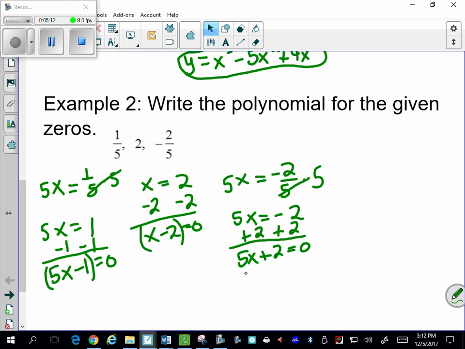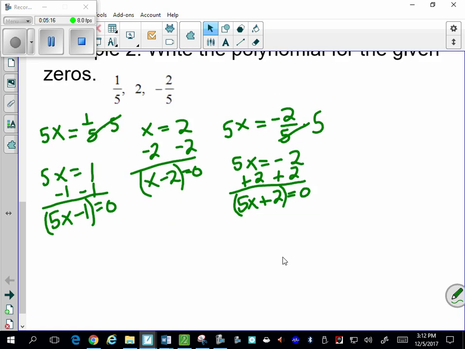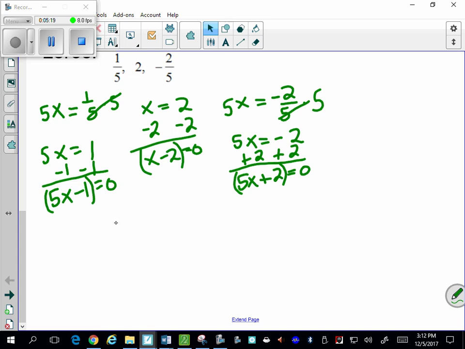And here's your last factor. So we have y equals 5x minus 1 times x minus 2 times 5x plus 2.